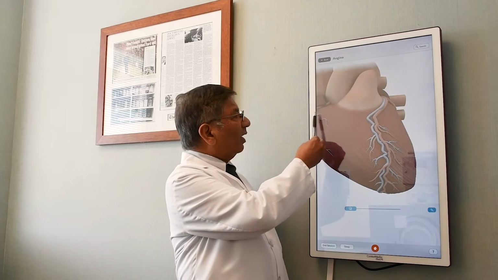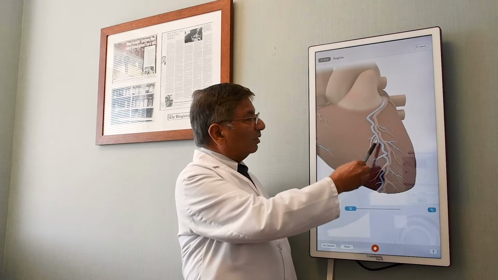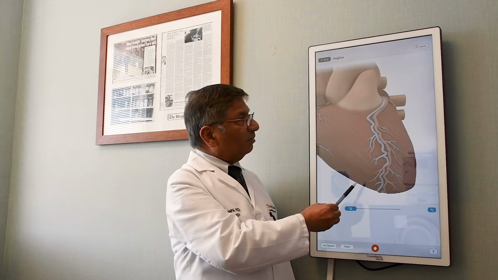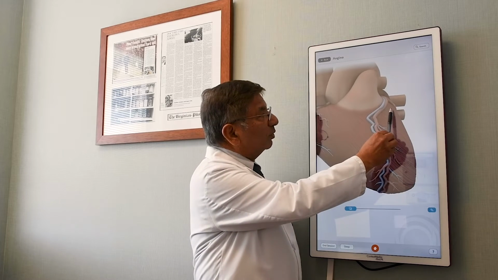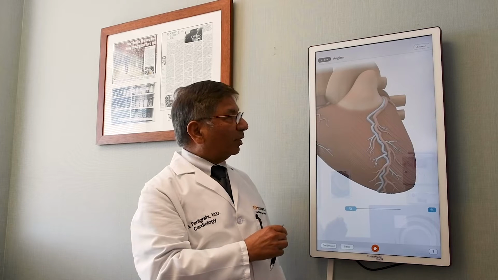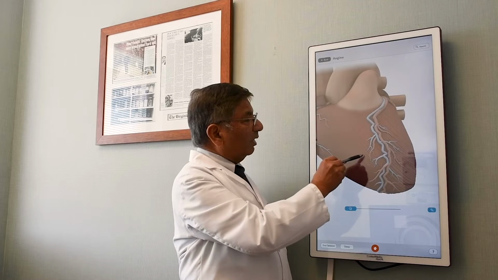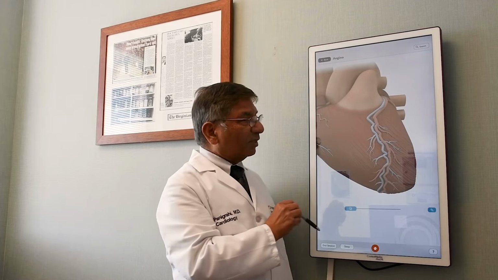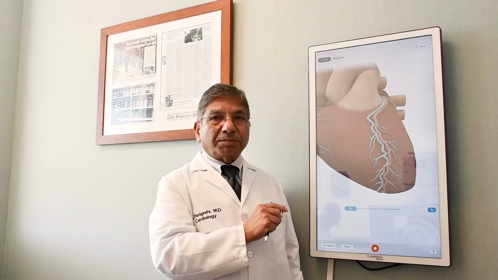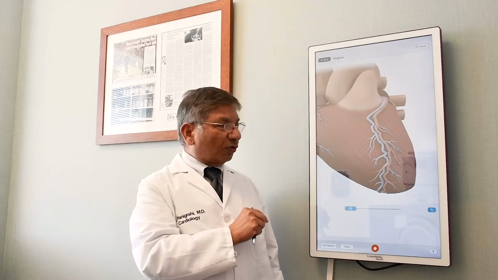One is on the right side called the right coronary artery, and the second large one is the front of the heart called the left anterior descending, and the third artery that goes behind the heart is called the circumflex coronary artery. They carry the blood coming from the aorta and supply to the heart muscle to deliver the nutrients and the oxygen, so the muscle utilizes those elements in order to contract.